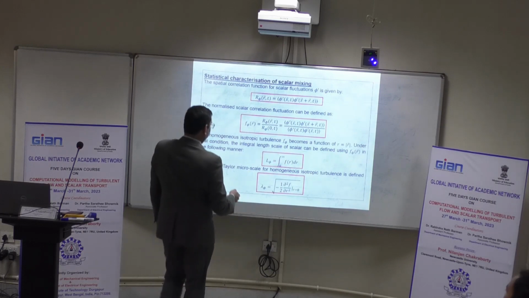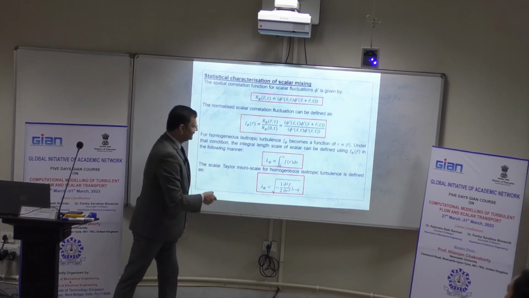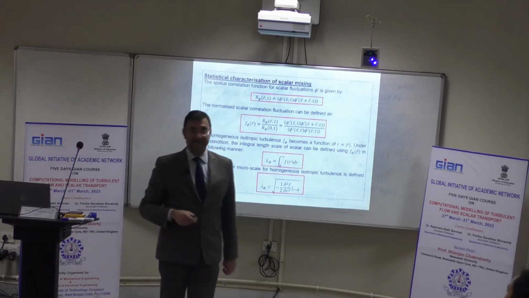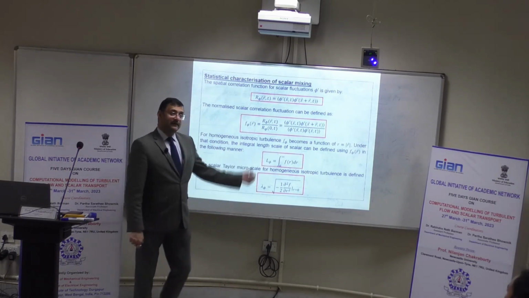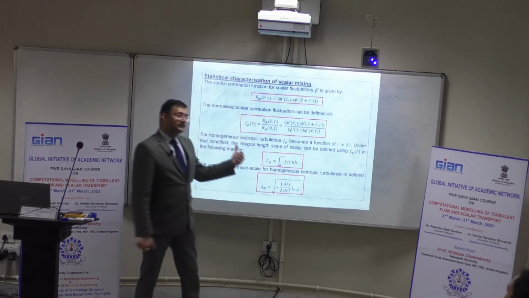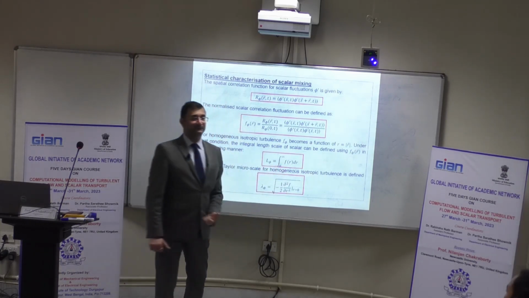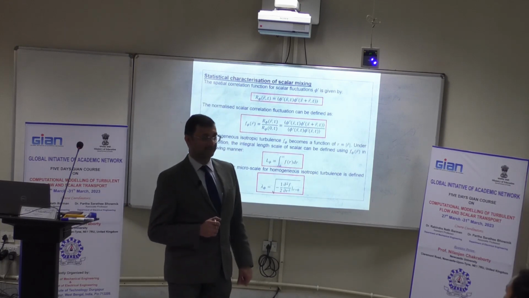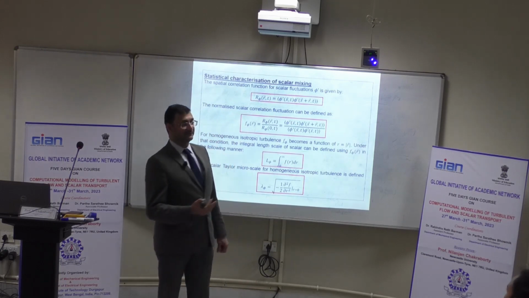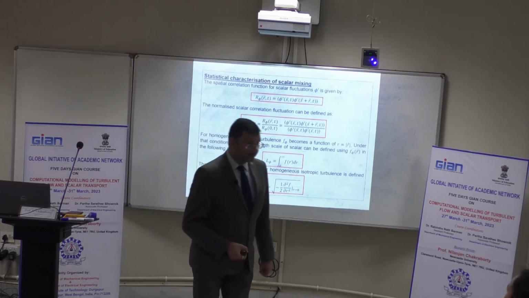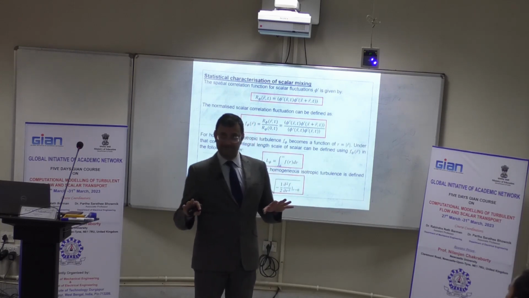So in that case, effectively, one can get a scalar integral length scale using this relation, just integrating the normalized scalar correlation function in this manner. If you go back to previous day's notes, you will see a similar thing existed for defining the integral length scale for turbulence. At that time, the correlation function was defined based on the velocity fluctuation components. The concept remains exactly the same. Clear?